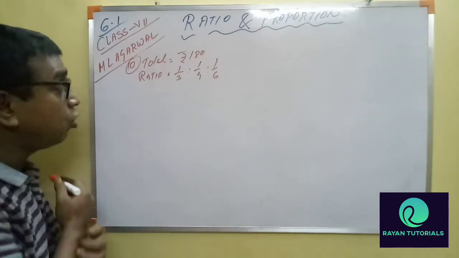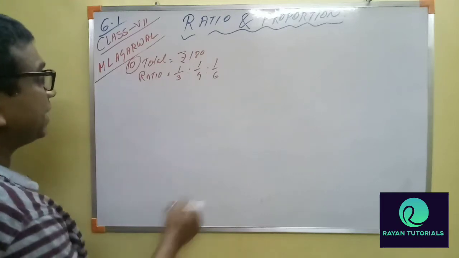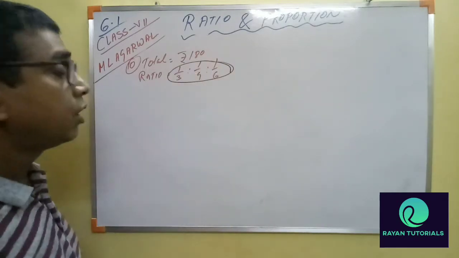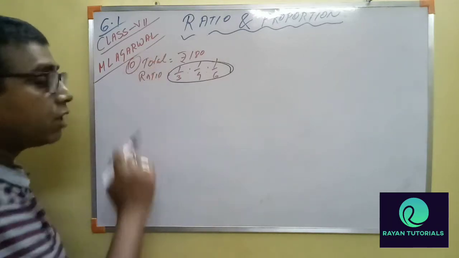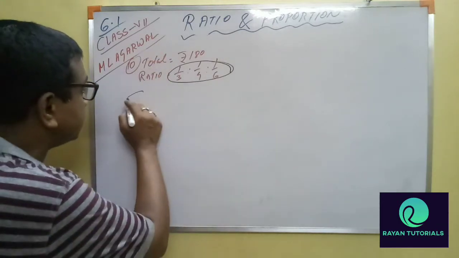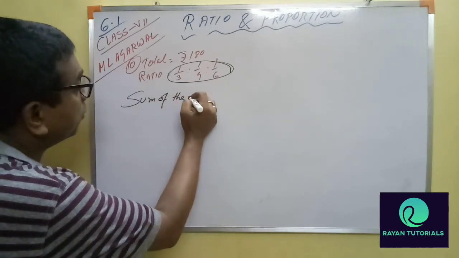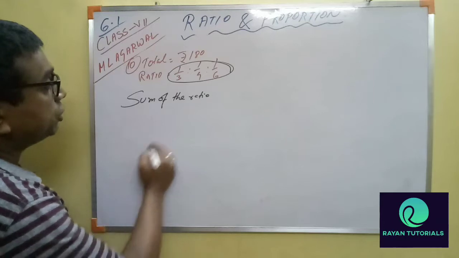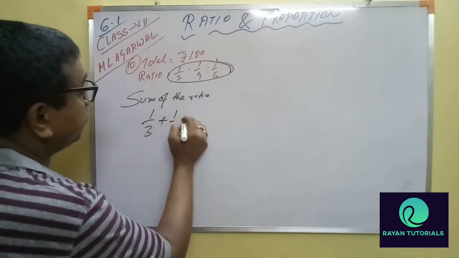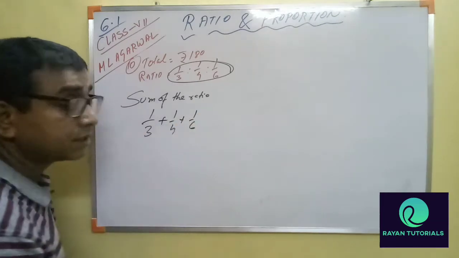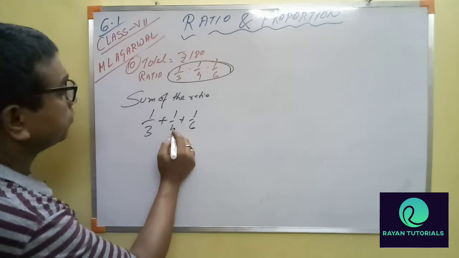Now find the value of each person, the amount. Don't get scared by these fractional numbers. What is the logic, what is the theory? Whenever I get this type of sum, first sum of the ratio, that is 1 by 3, 1 by 4, 1 by 6. Don't you know the fraction addition? Do it.